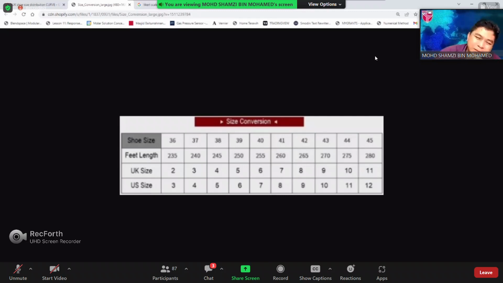Which shoe size? I'm 8. Most of you? 8. Okay, 6.5. There are some people with 6.5.